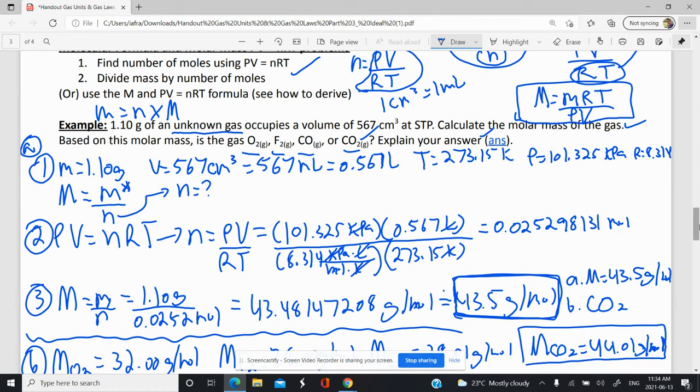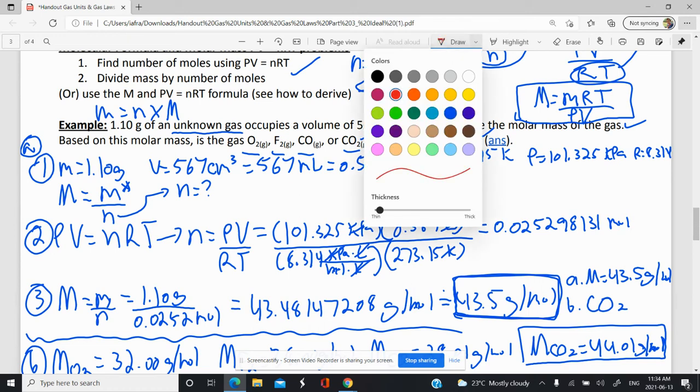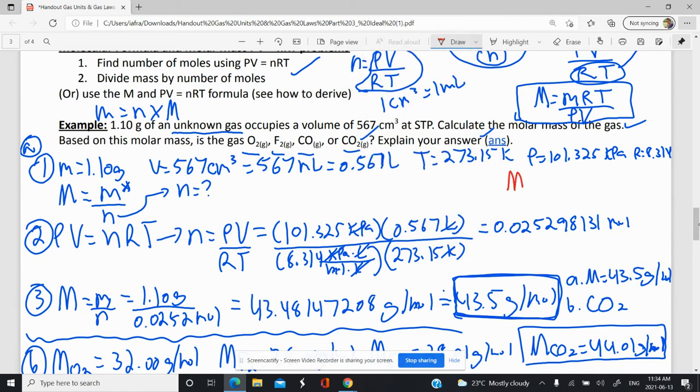Just as an aside, to show you it gives you the same answer, we're going to have our molar mass is equal to our mass, which is 1.10 grams, times R, 8.314. I'm not doing all the units right now.